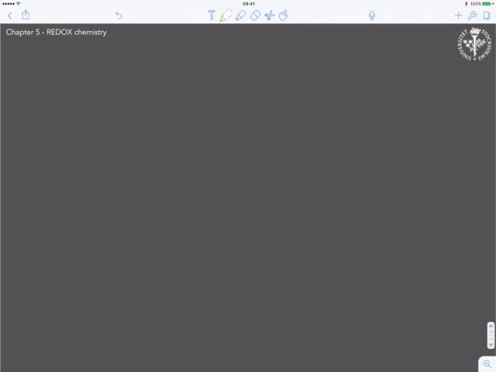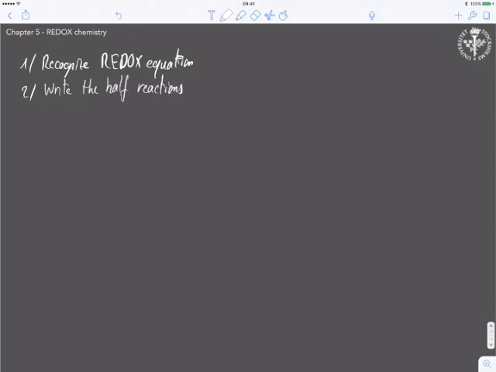So what are those steps? The first one, of course, is to recognize that you have a redox equation, not an acid-base equation, for example, or something else. The second one will be to write the two half reactions.